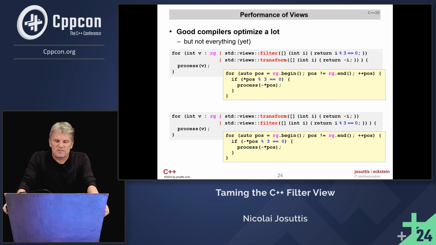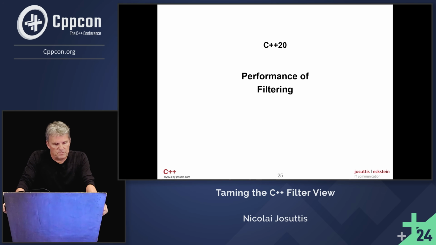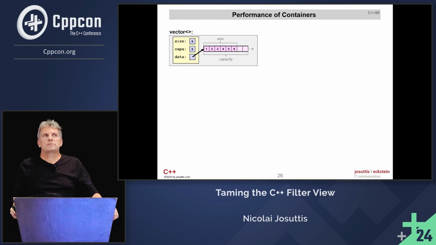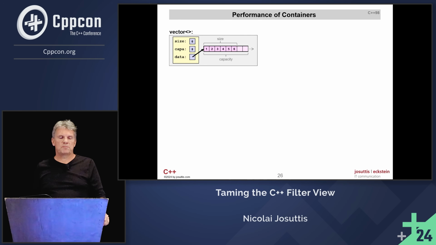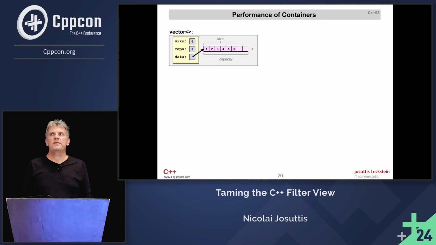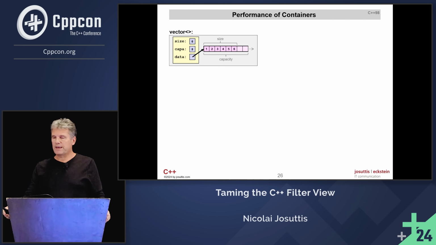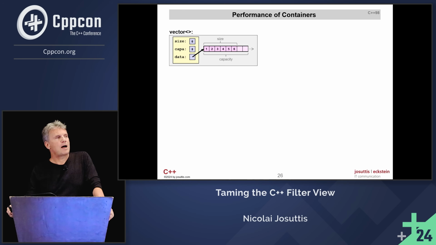Which means let's talk about the filtering and the filter view. Well, let's talk about the performance of filtering first. When we introduced data structures in C++ so that we can provide the API for begin and plus and so on, we came up with the idea that we harmonize the way we iterate over the elements.